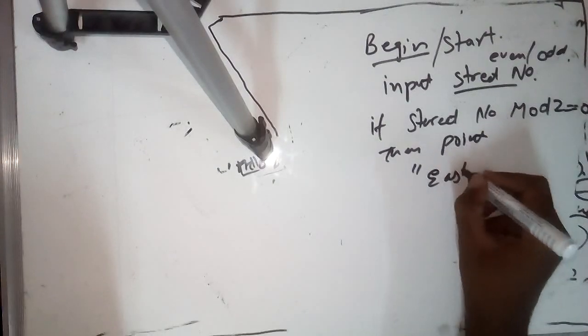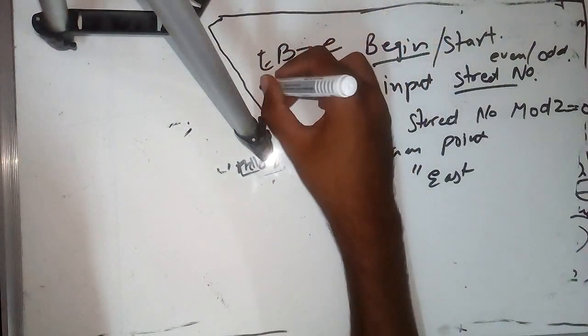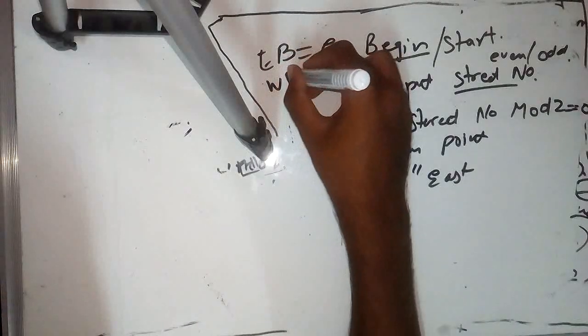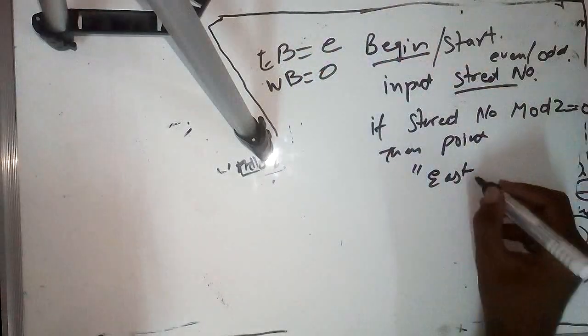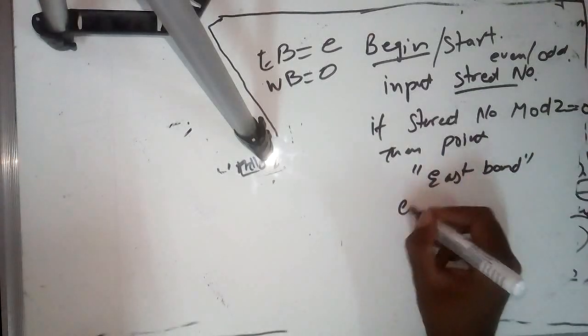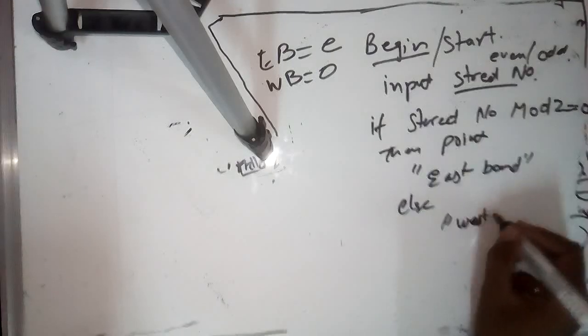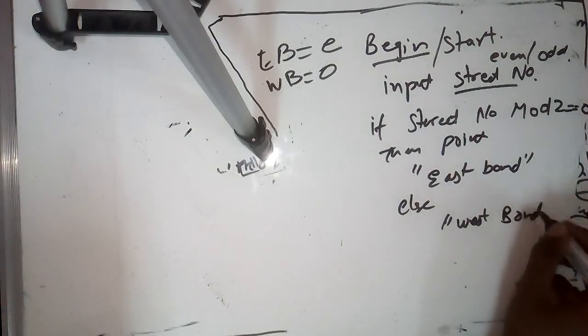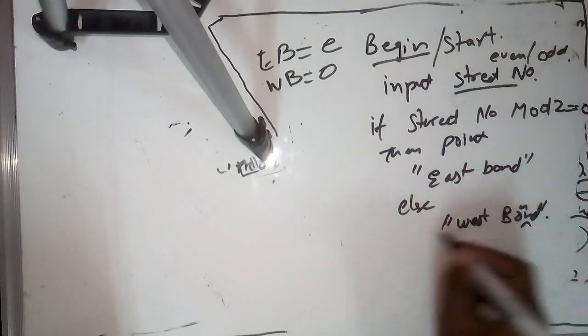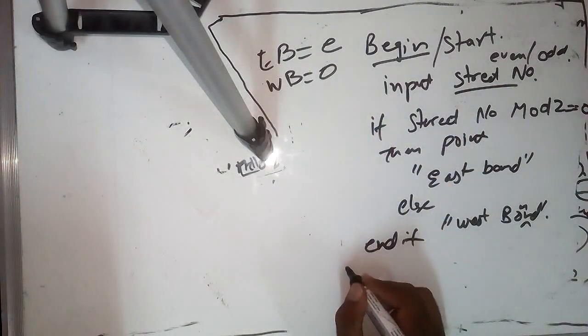I already told you that eastbound is for even numbers and westbound is for odd numbers. Otherwise, you print westbound. Now you have to end the if here, and then end the program here.